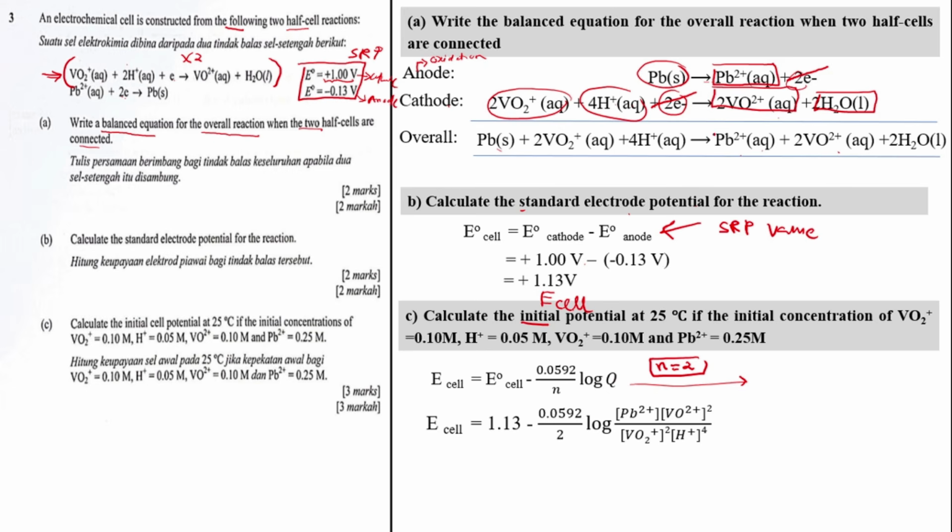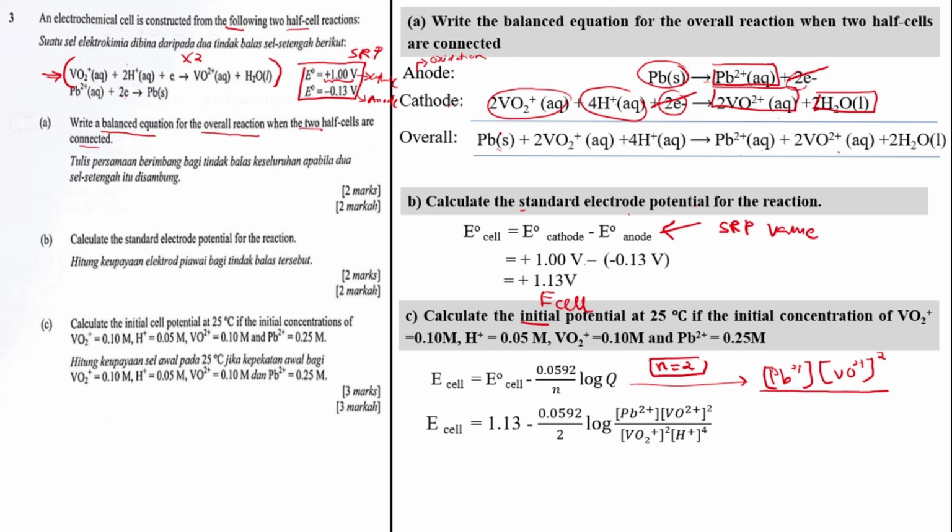So our product is Pb2 plus, and then the other product here is VO2 plus aqueous. So VO2 plus aqueous, and then number 2 here will be the power. For the water, it is not included because it is in the liquid state. So we ignore the liquid state. Divided by the concentration of the reactant.